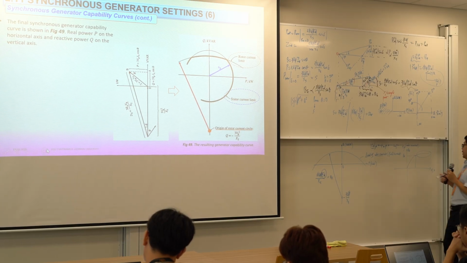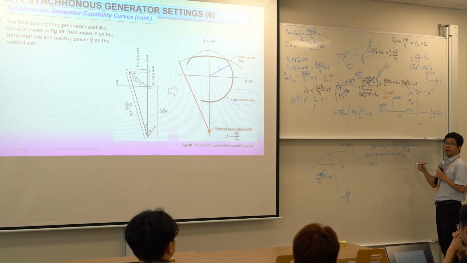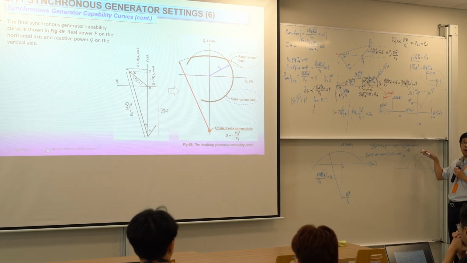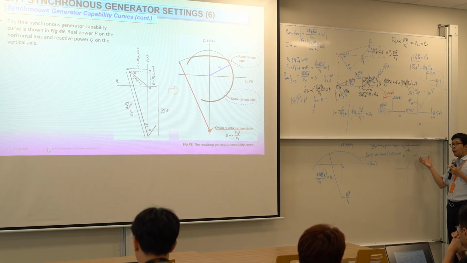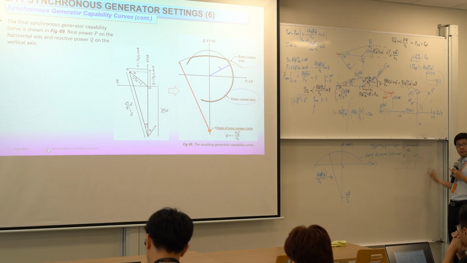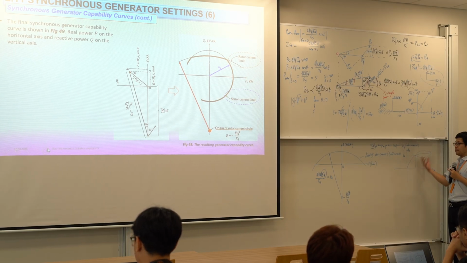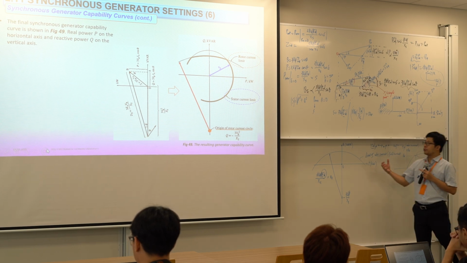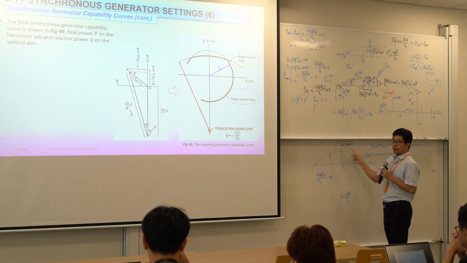Why? Because if we continue to increase IF, VR will not increase anymore, and we have more thermal because we increase current. You get more temperature, and then the rotor winding will be burned out. So this is the limitation of rotor current.